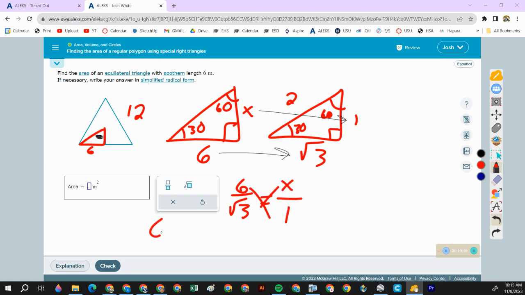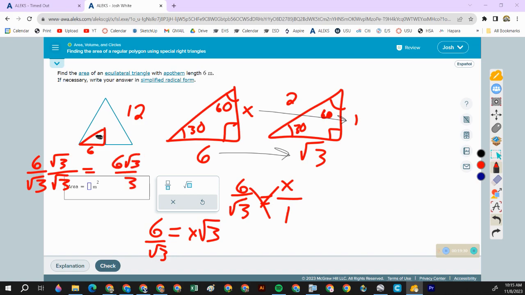Cross multiply. 6 equals x root 3. So we divide by root 3. 6 over root 3 is the same as 6 root 3 over root 3 times root 3. That is 6 root 3 over 3, which just becomes 2 root 3 because we can pull out a 3.